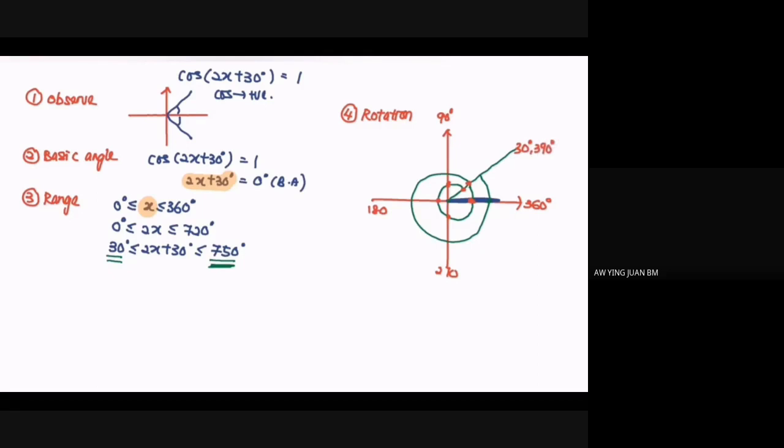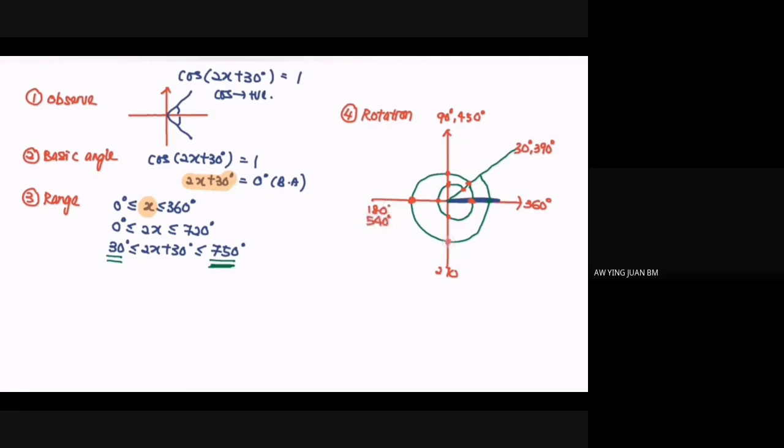Here we will have 390 degree. Here we will have 360 plus the 90, and we will have 450. Okay, 360 plus the 90, our answer is 450. So for this part, 360 plus 180, and we will have 540.